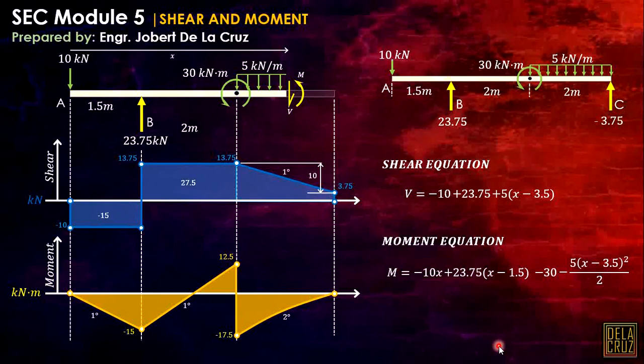Now, observe this one. Diba sa principle kanina, that the slope under the moment diagram is equals to the shear, no? At that point. So the shear here is constant. So that means the slope of the moment diagram is constant at these 2 points.